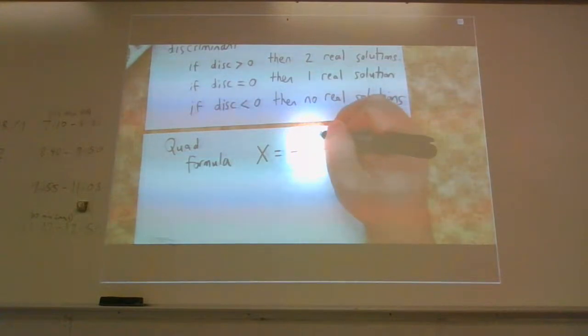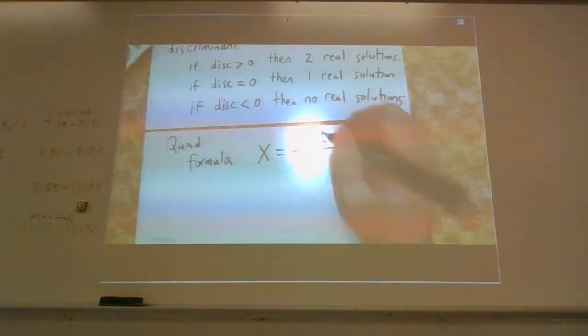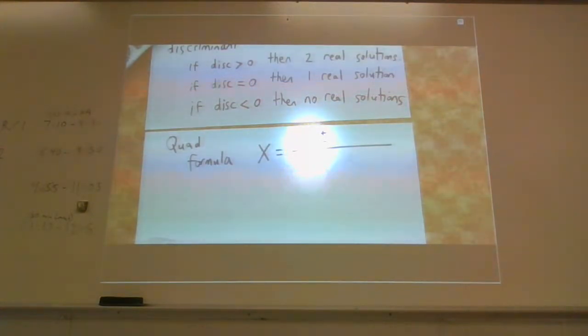Then it has a little plus or minus action going on there. Now, again, yes, when I say plus or minus, it's a plus and a minus on top of each other. That means that you're going to have 2 solutions, one using the plus and one using the minus. Well, which one? You use both, but you got to separate them. We'll get there.